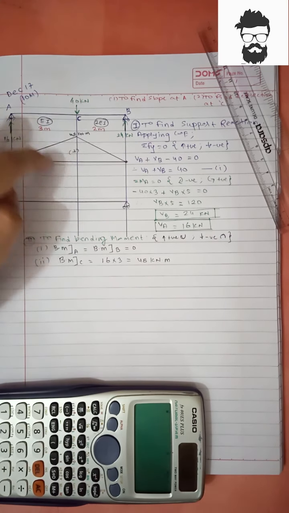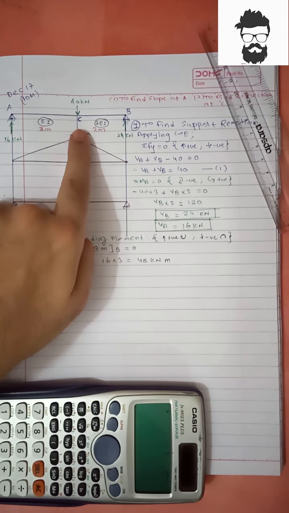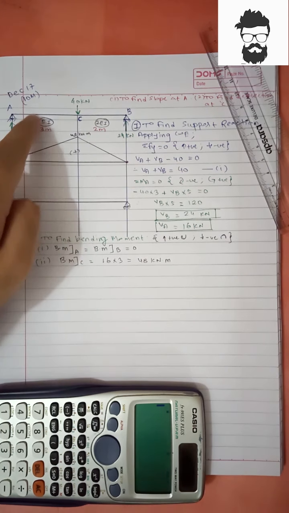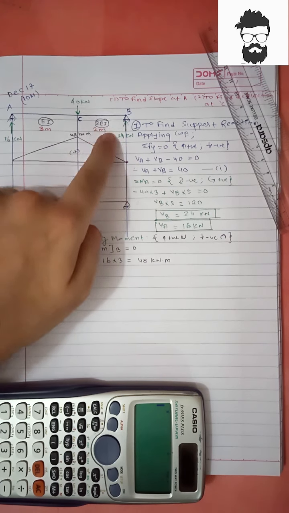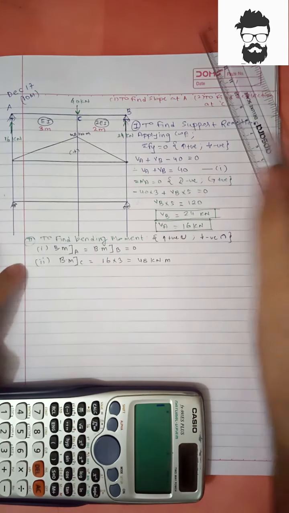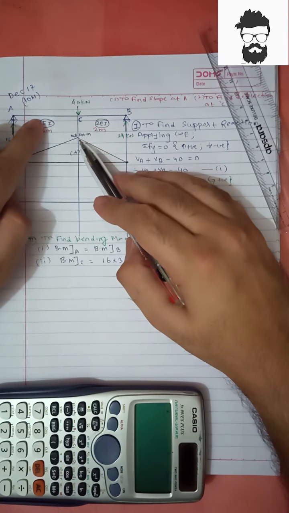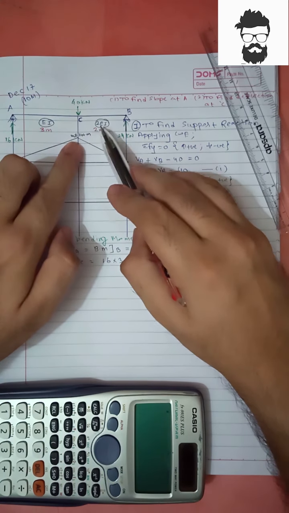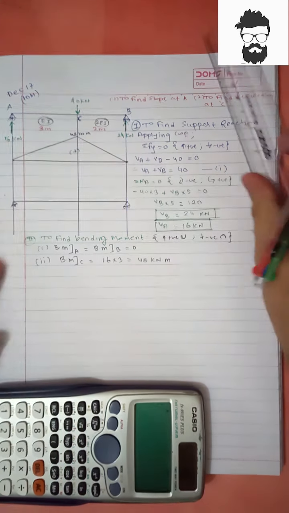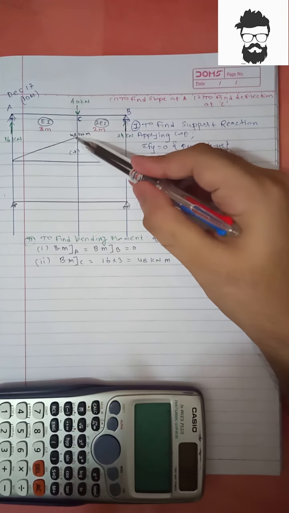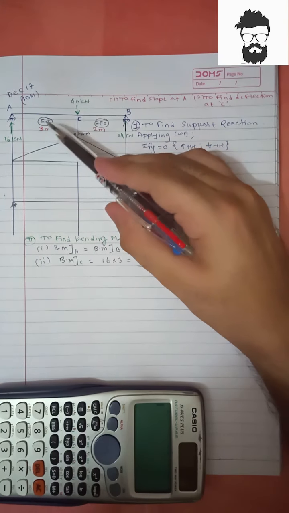But what about this diagram? See, on the left hand side of C the flexural rigidity is EI and on the right hand side it is 2EI. So we need to divide 48 by EI on the left hand side and 48 by 2EI on the right hand side. First we'll divide 48 by EI. So we'll get 48 upon EI.